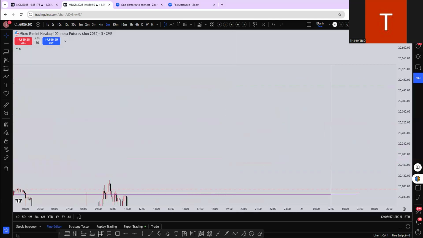So let me just type it out. The range is 4 a.m. to 8:15 CST. That's the overnight session range.